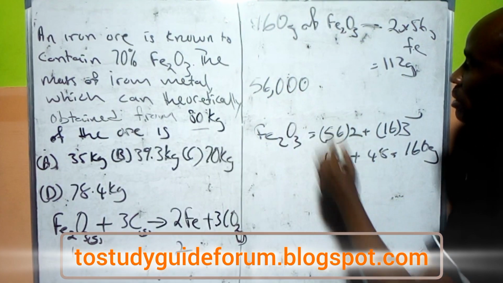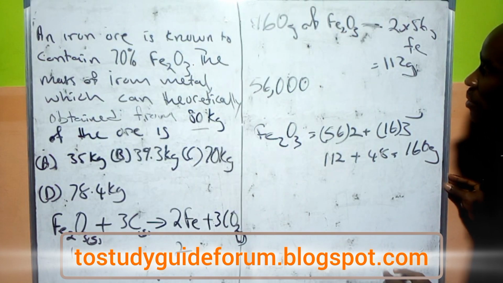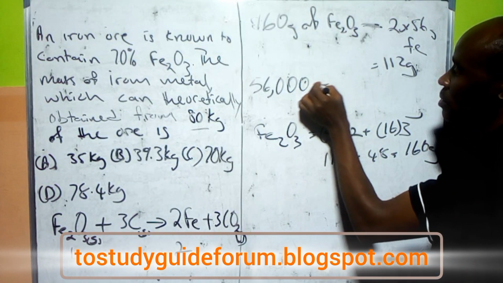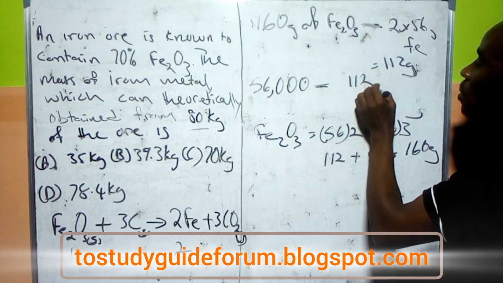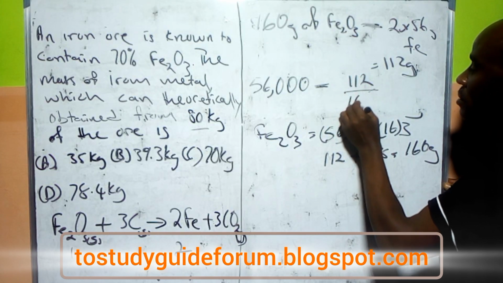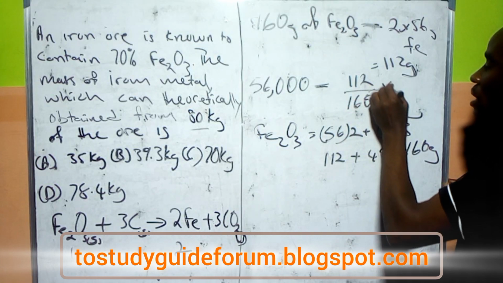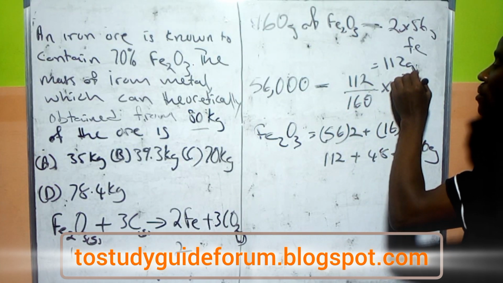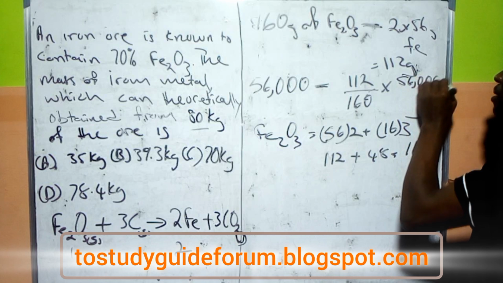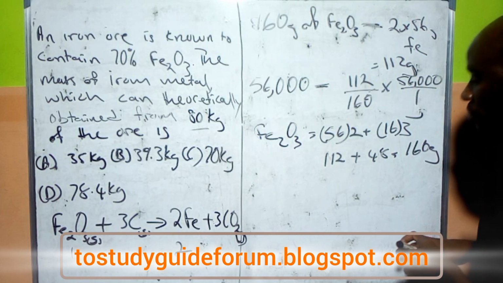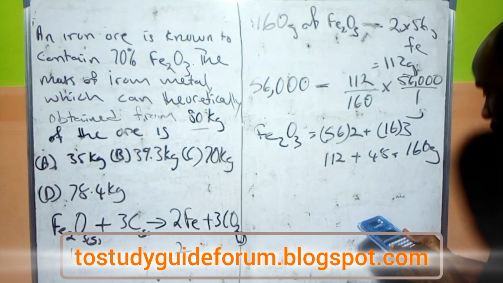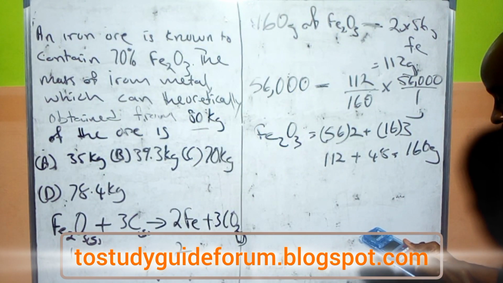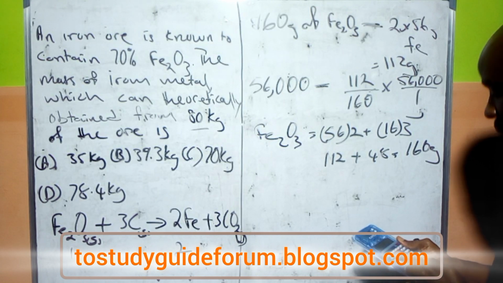So from here, the mass of iron metal we are going to get will be equal to 112 over 160 times 56,000. Then we can multiply by 112 divided by 160.